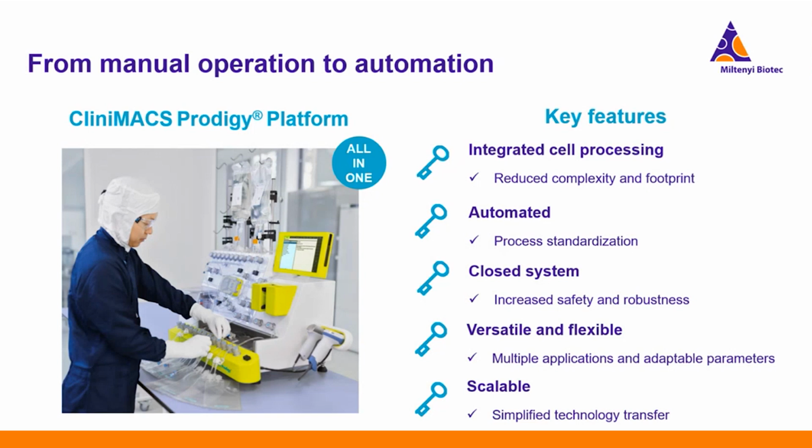The platform is also versatile and flexible. So today we are going to focus on discussing the manufacturing of gamma delta T cells, but the platform enables multiple applications for all the cell types, and also enables the adaptation of different parameters during the manufacturing protocol. And finally, the use of this platform is scalable and helps to simplify the technology transfer.